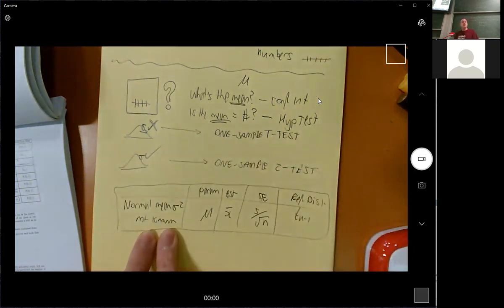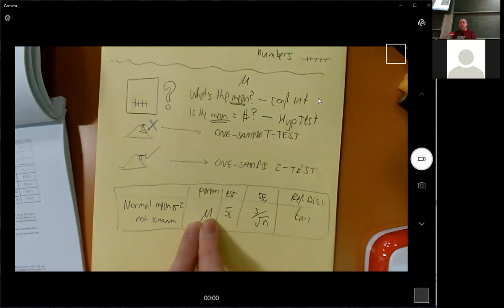It says normal mean, sigma not known, sigma squared not known, parameter is mu, estimate is x bar, standard error is s over root n, reference distribution t with n minus 1. This is supposedly enough information for you to figure out how to do this hypothesis test. I mean, other than that I've got the data and I'm going to ask MATLAB to do it for me. Yep.